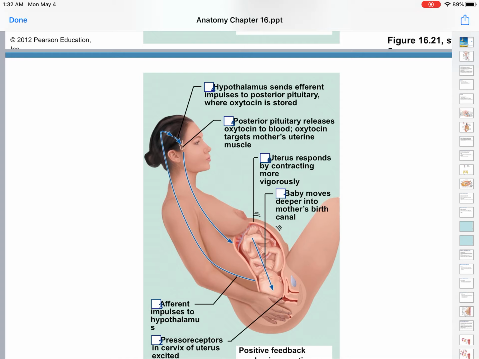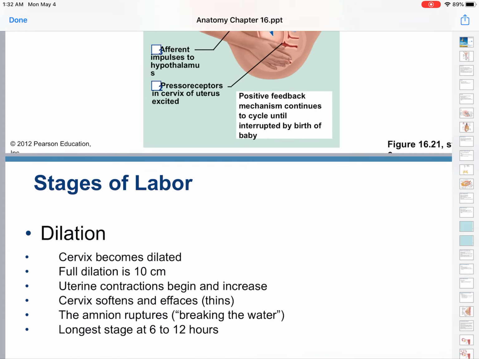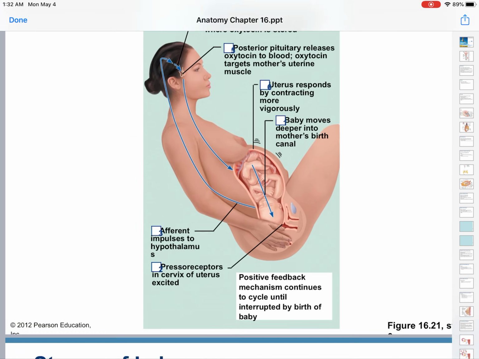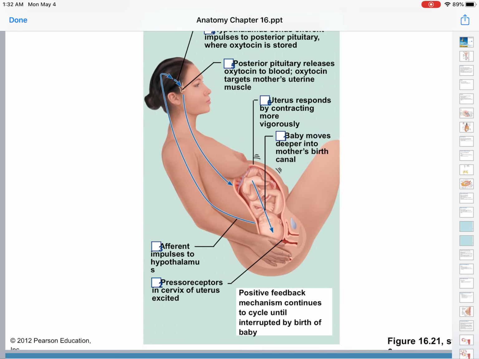Once the oxytocin reaches the uterus, it will respond by contracting more vigorously, which moves the baby deeper into the canal, which reactivates the pressure receptors to then ask the hypothalamus to tell the pituitary to send more. As you saw in the bottom right, it is a positive feedback mechanism.